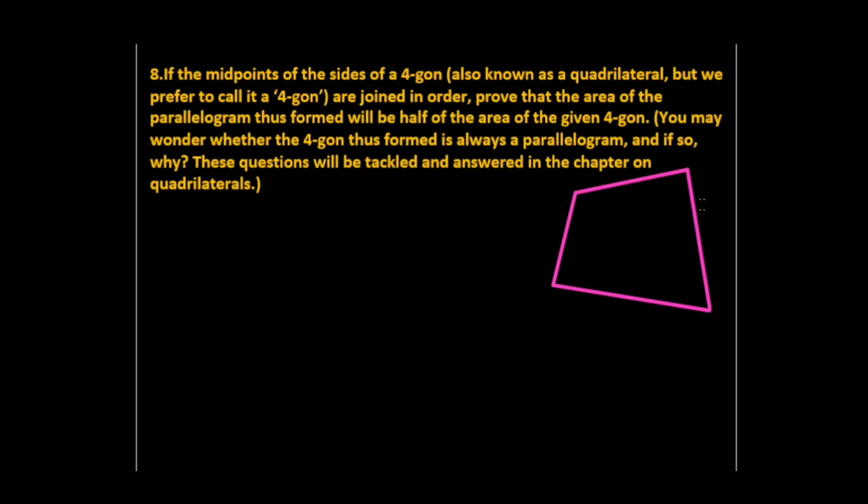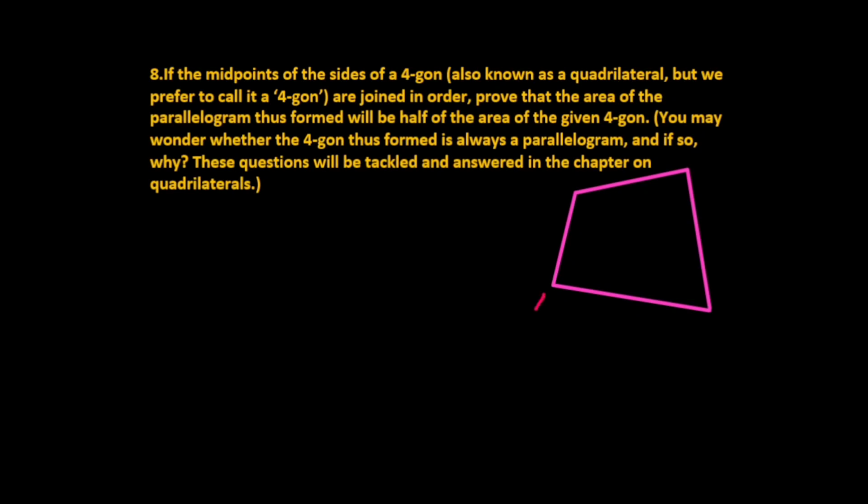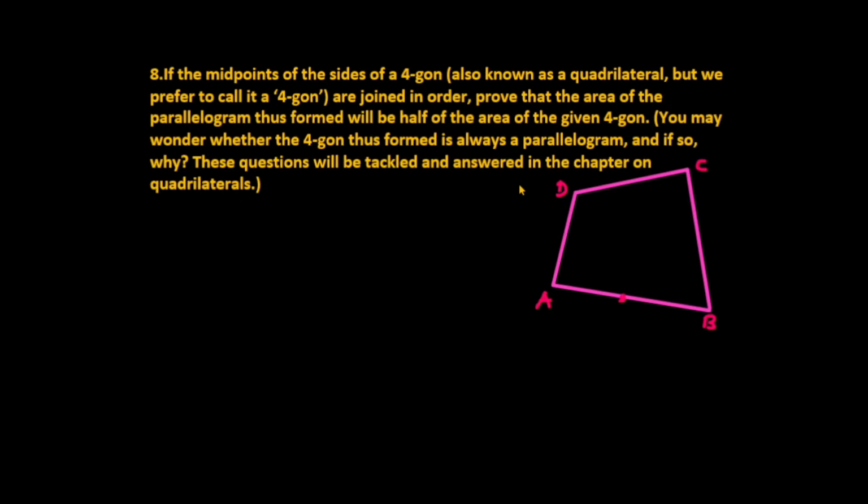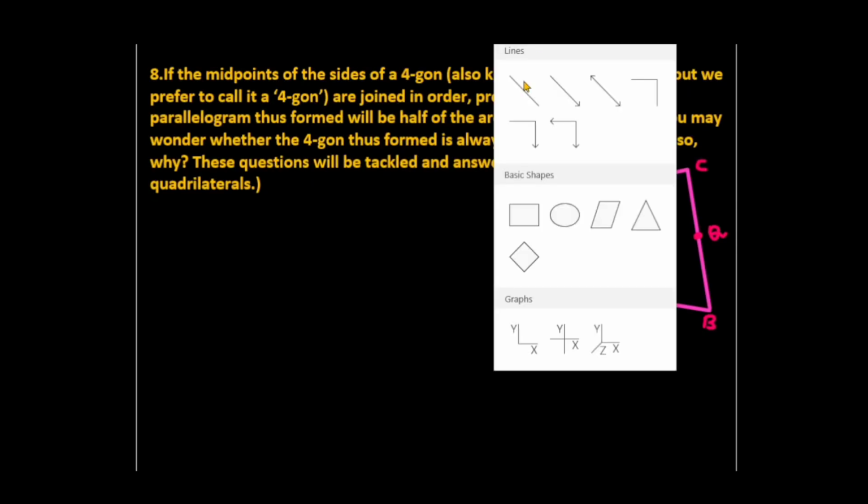Consider this quadrilateral. If we are naming the quadrilateral ABCD, A, B, C, D is a quadrilateral, and the midpoints of the sides of the quadrilateral. So take P as the midpoint of AB, Q as the midpoint of BC, R as the midpoint of DC, and S as the midpoint of AD. Now join those midpoints.